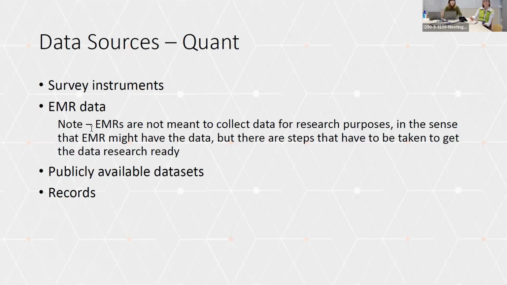EMRs are not meant to collect data for research. So they'll have the data, but there are steps you're going to have to take to get it ready for research purposes. There are publicly available data sets, and then records. Records could be data logs from your app or website, looking at how people use something.